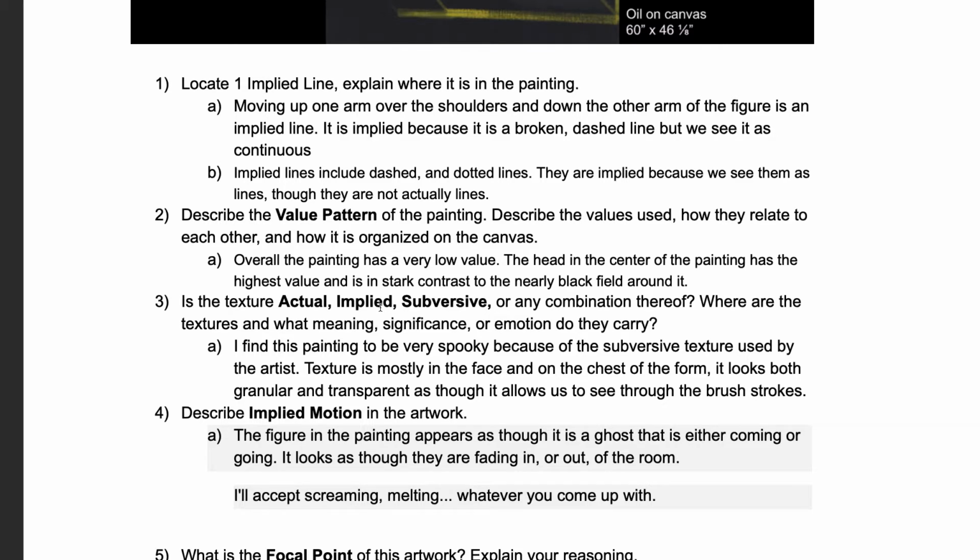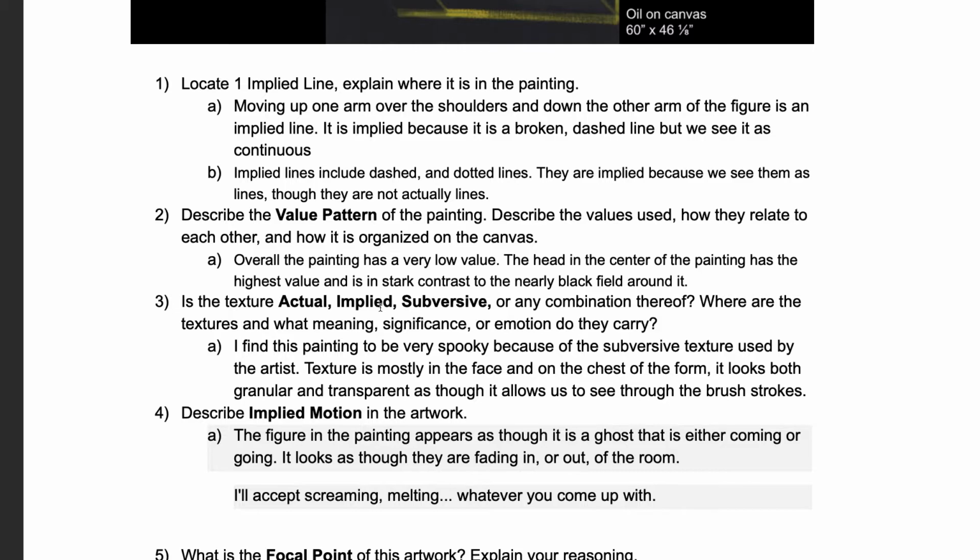Is the texture actual, implied, or subversive? Or any combination thereof? Where are the textures and what meaning, significance, or emotions do they carry? I find this painting to be very spooky because of the subversive texture used by the artist.